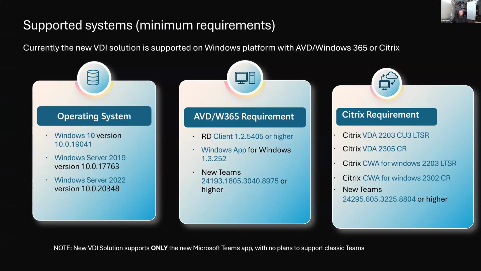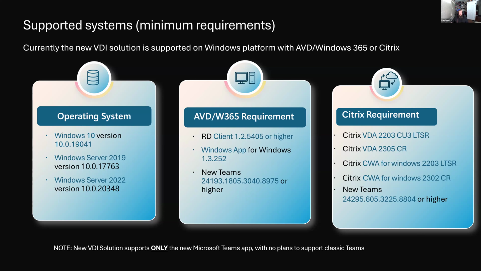These are the versions. And then as far as the Citrix requirements, the requirement to even get Teams working is 2203 CU3. However, if you're on a 2203 stack, stay with CU5. If not, you need to go to 2402. That's where I started really seeing all the good enhancements from 2402 and newer.